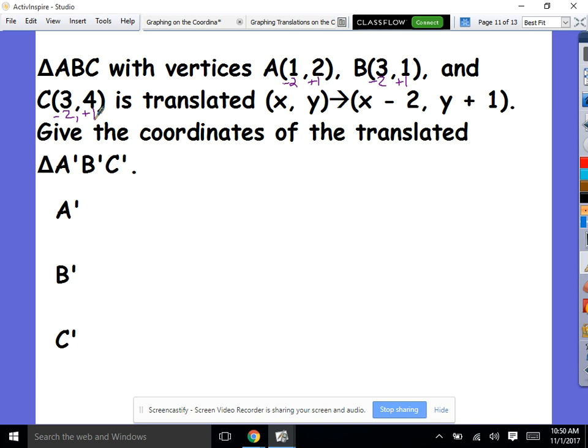It just makes it easier for me to see. So A prime: 1 plus negative 2 is negative 1, and 2 plus 1 is 3. B prime: 3 plus negative 2, or 3 minus 2, is 1, and 1 plus 1 is 2. And C prime: 3 plus negative 2 is 1, and 4 plus 1 is 5. To me, that's much simpler than graphing it and having to count.